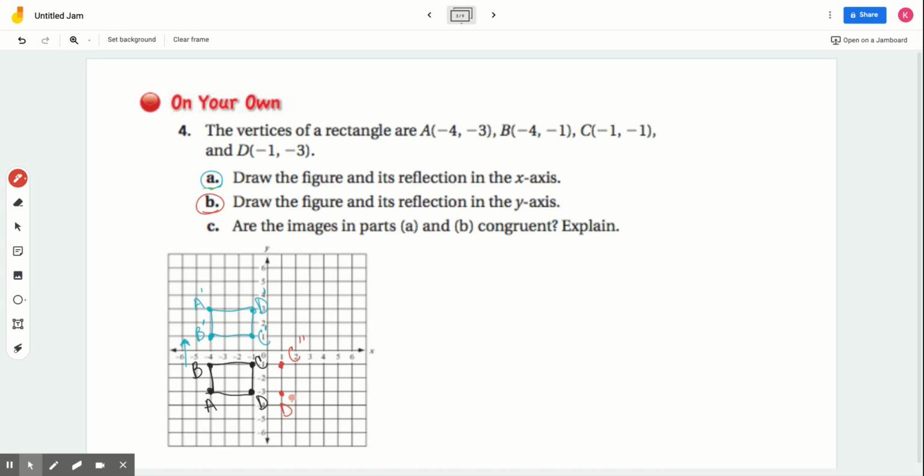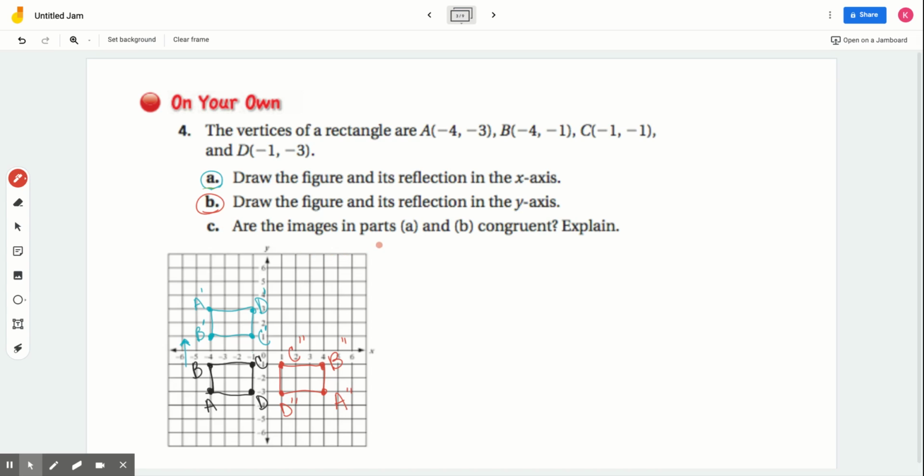So this will be D double prime. B is 4 spots away. So 1, 2, 3, 4. This will be B double prime. And A is at -3 and 4 spots away. So here I will have A double prime. Now I can connect my vertices to make my rectangle. So this image satisfies part B, reflecting across the y-axis.